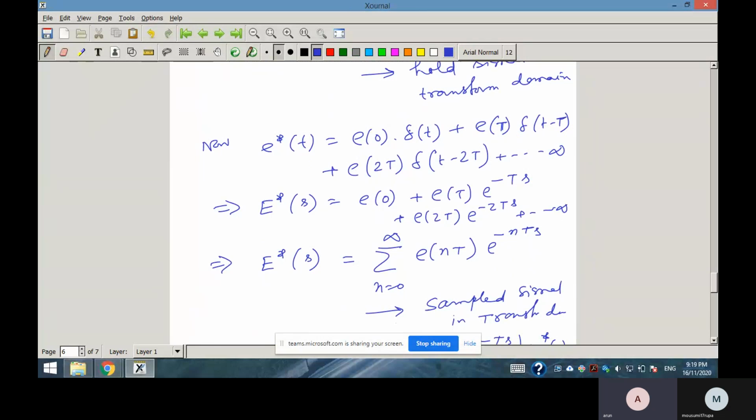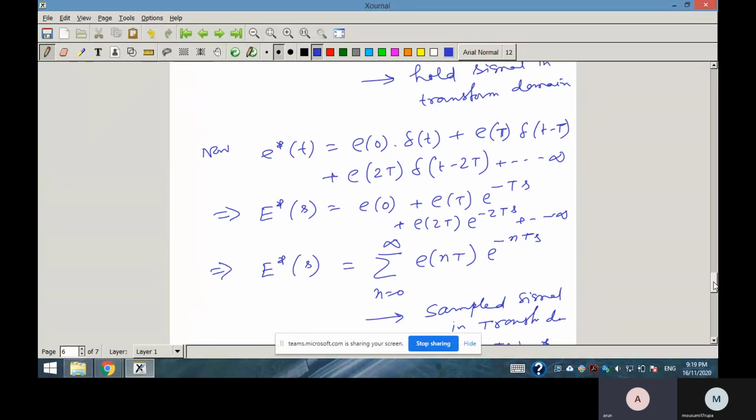So if you take integration, then ultimately the value will be E0 plus E t plus E2t and so on, after infinity. The Laplace transform of E star t I have already taken.